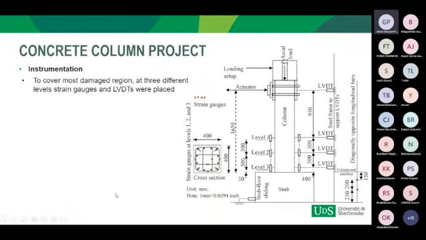To cover the most damaged region at 3 different locations, strain gauges and LVDTs were placed at 3 different levels above the column stub interface: 50 millimeter, 350, and 650 millimeter.